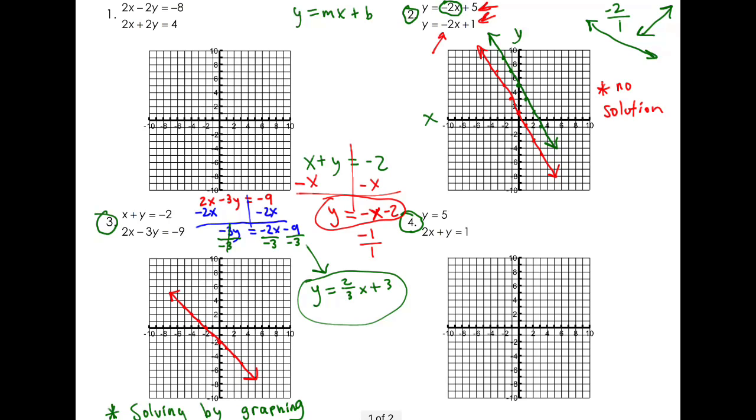So we start with our intercept, which is a positive 3. It's going to be a positive slope, so it's going up from left to right. So we're going to go up 2 over 3. Up 2, over 1, 2, 3.